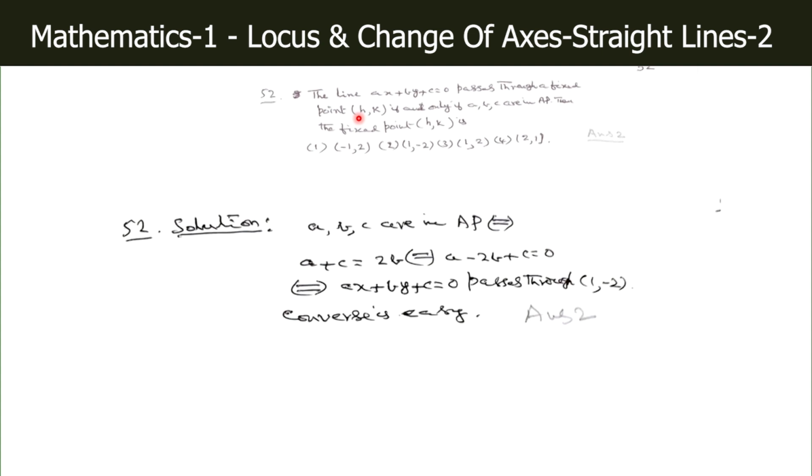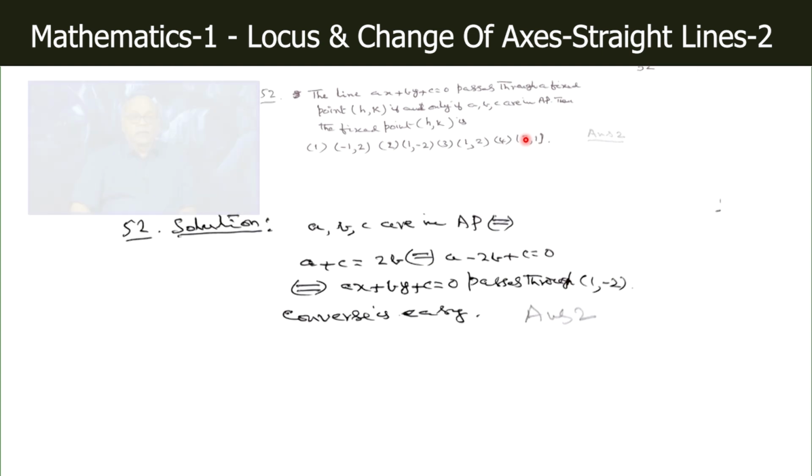52. The line Ax plus By plus C equal to 0 passes through a fixed point (h, k) if and only if A, B, C are in AP. Then the fixed point (h, k) is: minus 1, 2; 1, minus 2; 1, 2; and 2, 1. Okay.